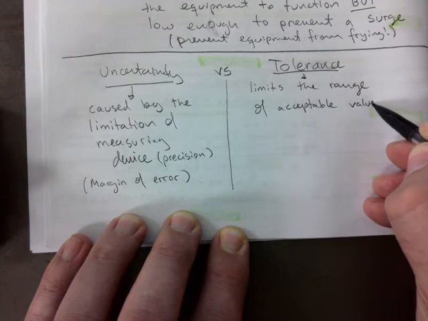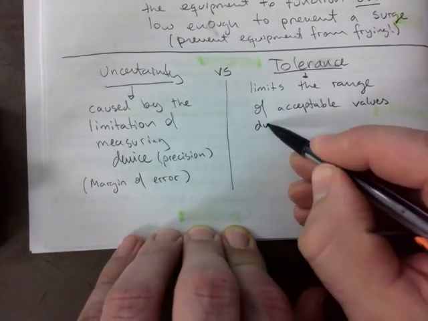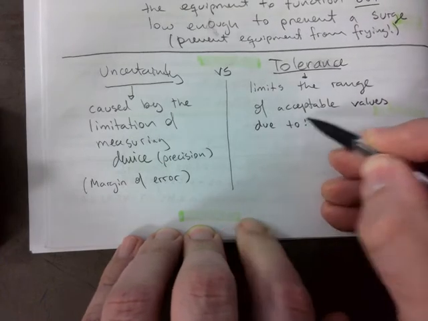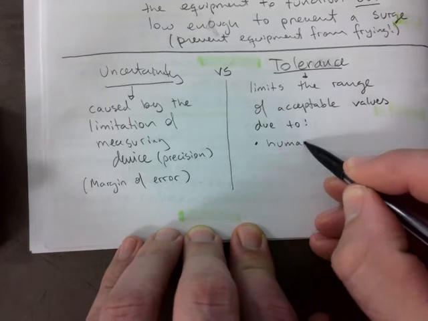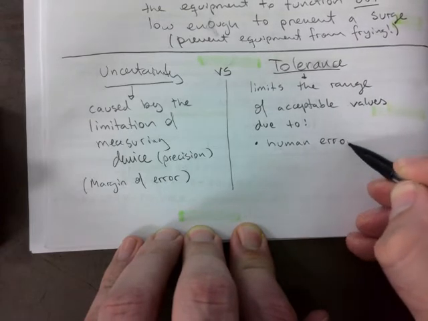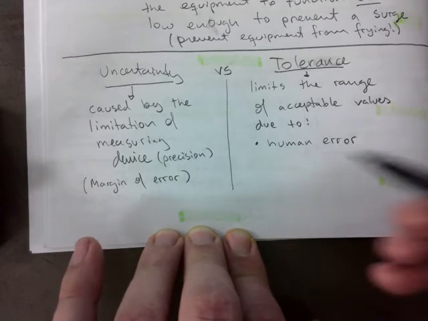Tolerance limits the range of acceptable values. So we kind of talked about it, but what is that due to? Due to various aspects. It could be a human error, right? When you're producing something and you're not calibrating your machine just right.